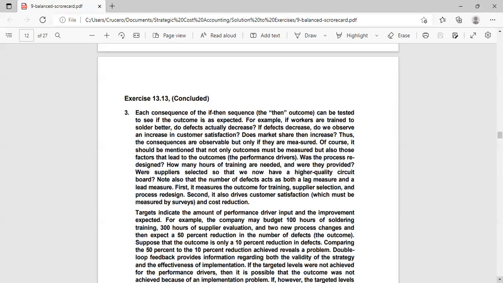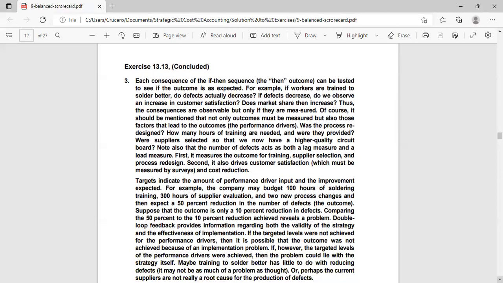Okay. So we have now double loop feedback provides information regarding both the validity of the strategy and the effectiveness of implementation. If the targeted levels were not achieved for the performance drivers, then it is possible that the outcome was not achieved because of an implementation problem.